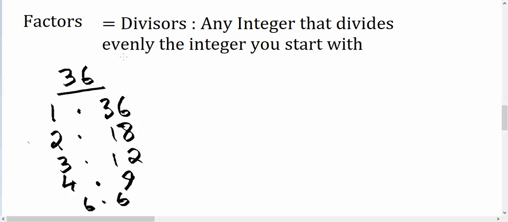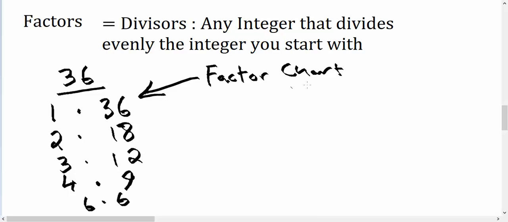And what you can do to find the factors of a number is make a little bit of a chart like this. This is called a factor chart. This is our organizational tool, OT number 2, from this video. It's a factor chart. The way it works is that on the left side of the chart, you go up from 1.